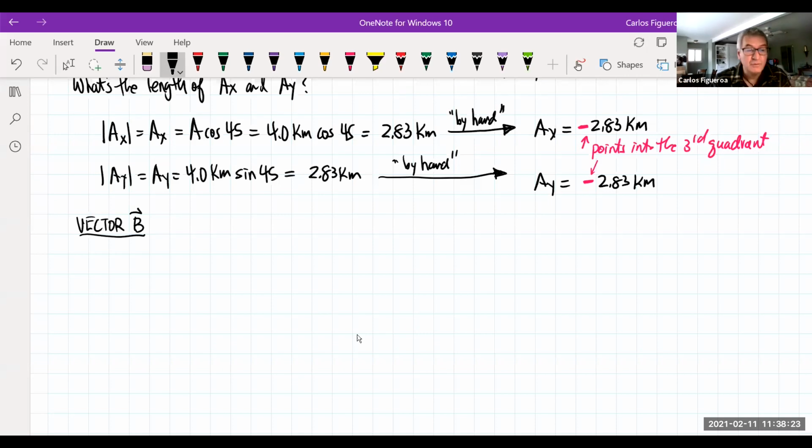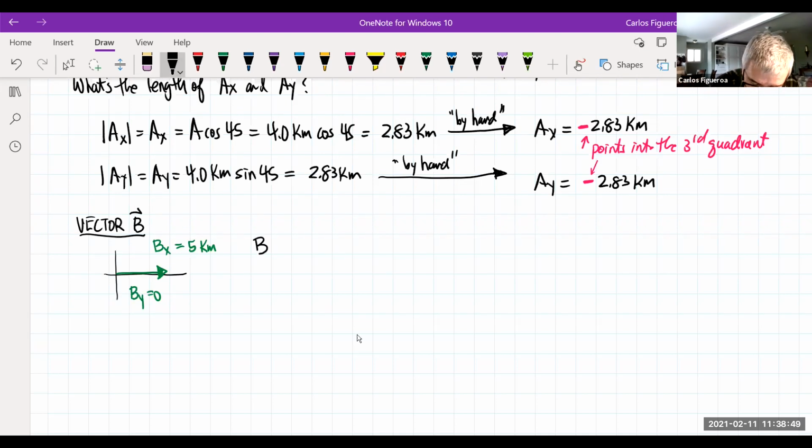So if I look at vector B, we saw that vector B lies along the x-axis. So we immediately conclude here that By is 0, since the length of B is always there. So we don't have to do anything on this guy.